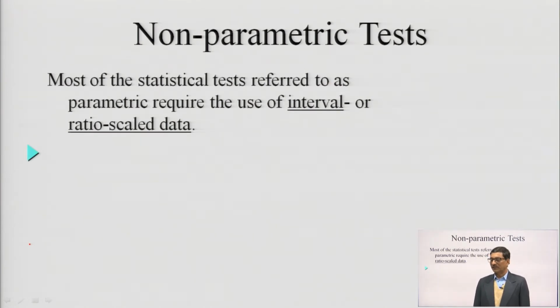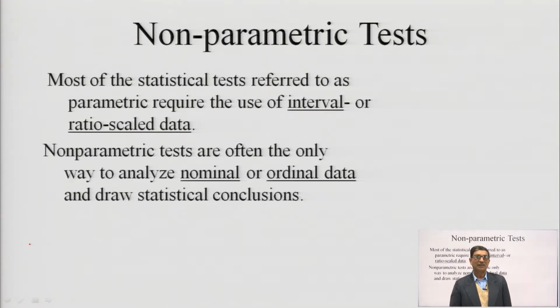Most of the statistical tests referred to as parametric require the use of interval or ratio scaled data. Non-parametric tests are often the only way to analyze nominal or ordinal data and draw statistical conclusions.